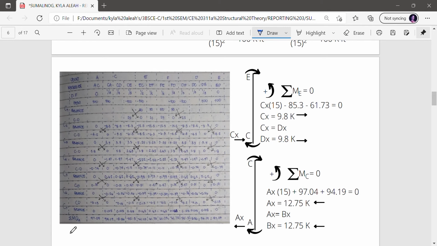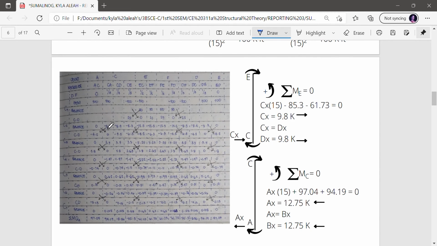And this one is the final moment, which is not really the final. It is just the summation of the moments from here. So let's go. How to get the balance is we are going to get the summation of fixed end moments on that joint times the distribution factor.